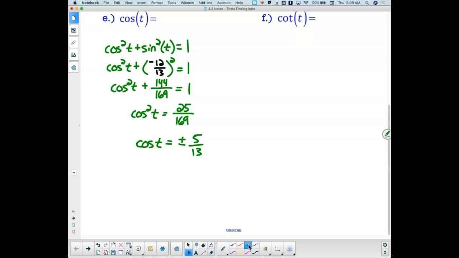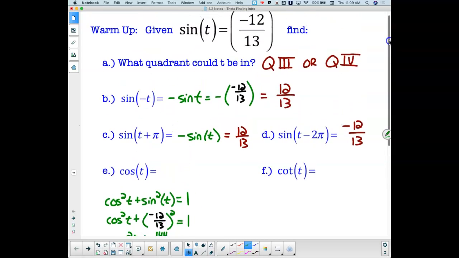Why does it have to be plus or minus 5/13? Okay. And I was solving, right? Okay, so that's one reason. Trigonometrically, why does it have to be plus or minus 5/13? Because which quadrants can this one be in? 3 or 4, right?